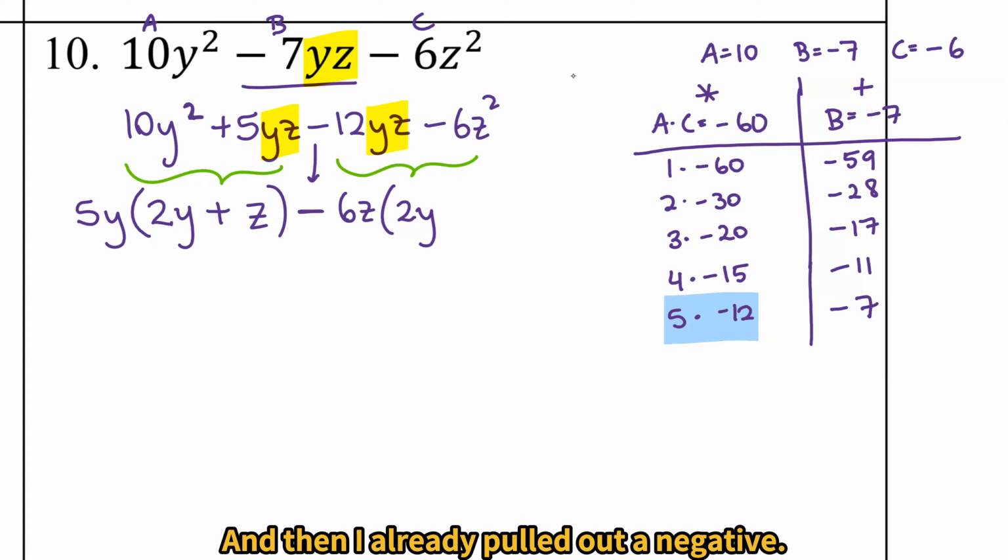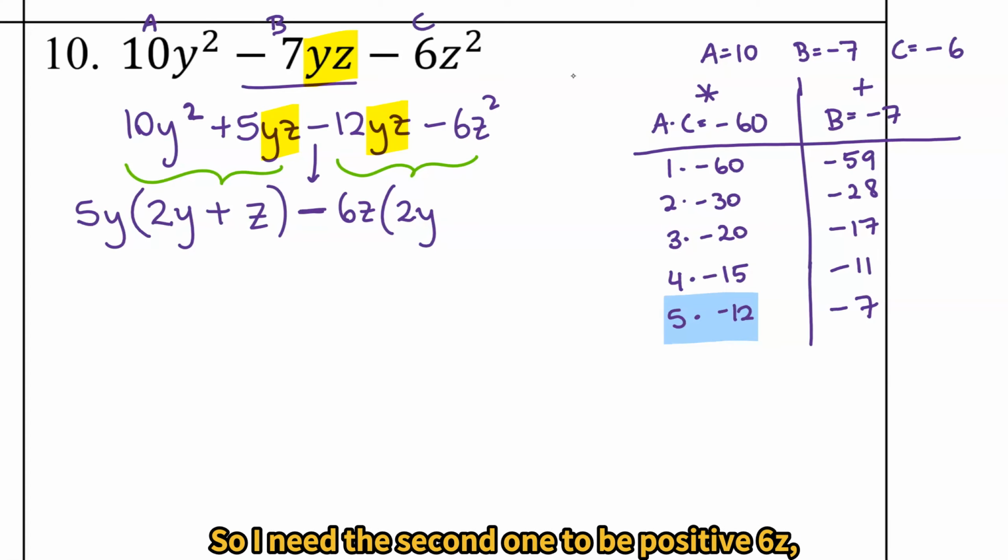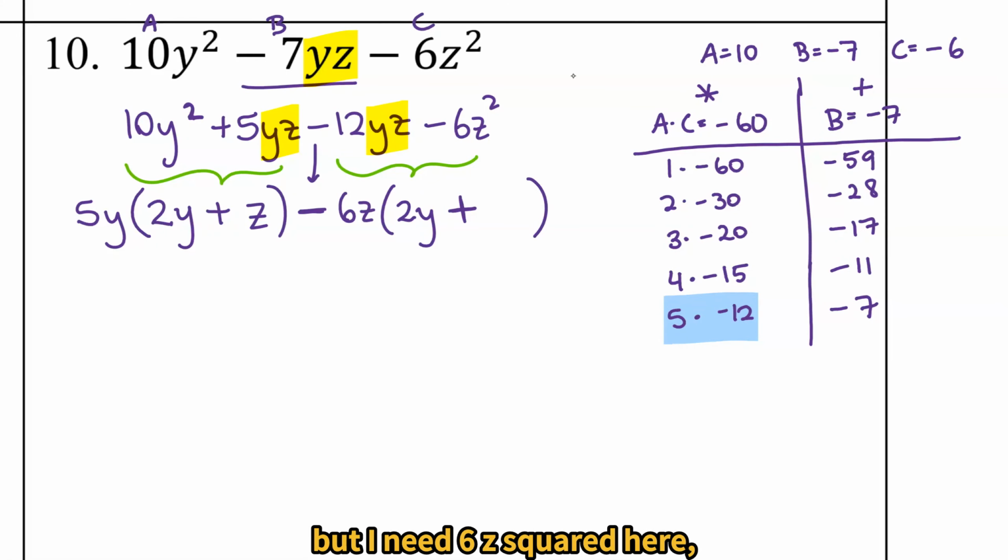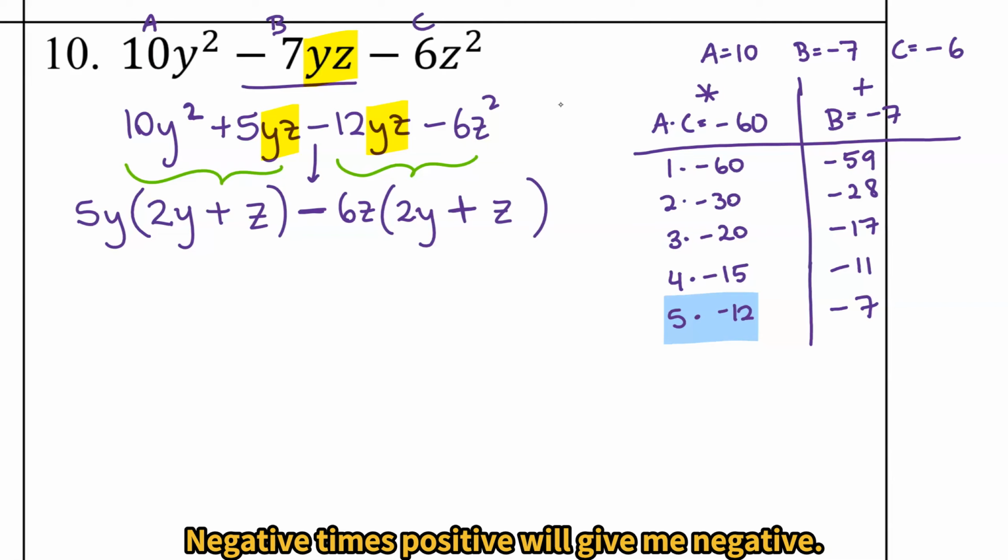And then I already pulled out a negative, so I need this second one to be positive. 6z, but I need 6z squared here, so I need to multiply by z. 6z times z will give me 6z squared. Negative times positive will give me negative.